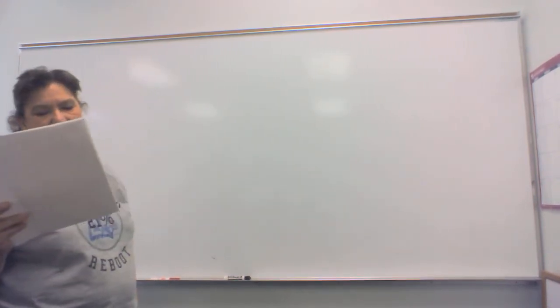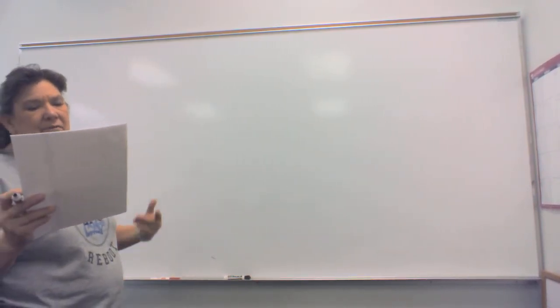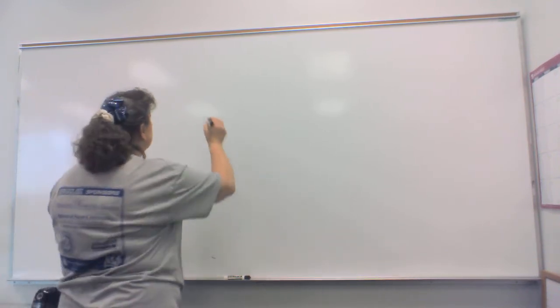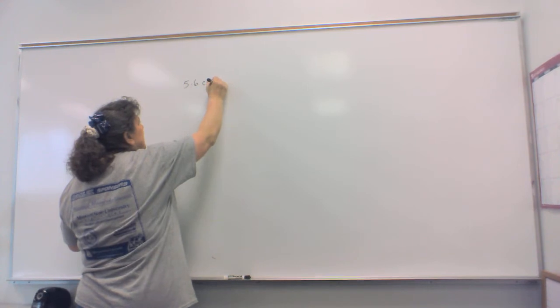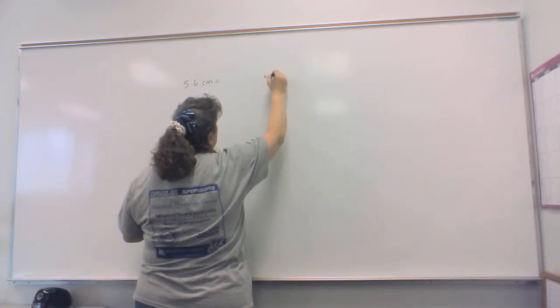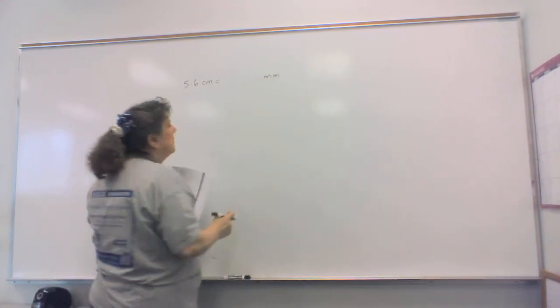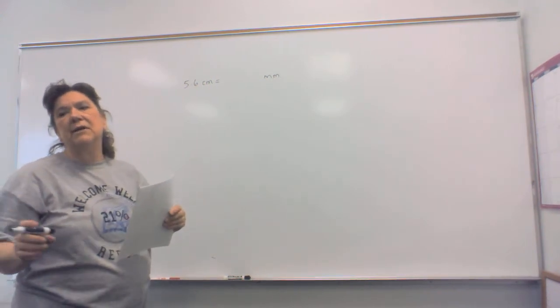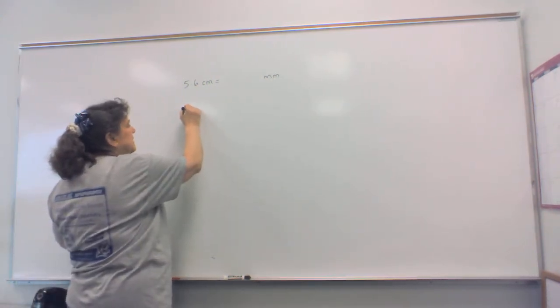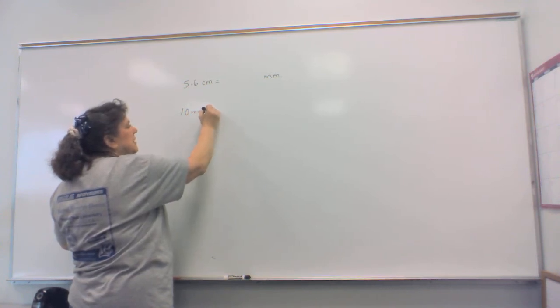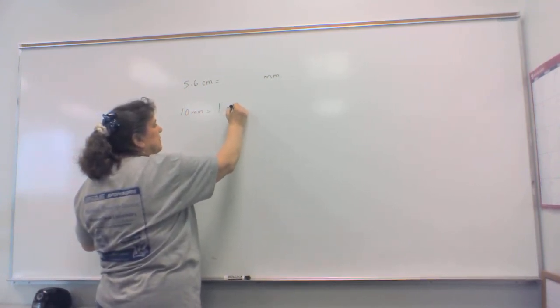So if you look at C, we're looking at 5.6 centimeters is equal to how many millimeters? Well, there are 10 millimeters in 1 centimeter. So that's your equivalency. 10 millimeters is equal to 1 centimeter.